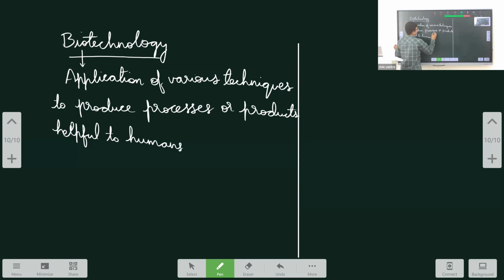And these techniques will be applied on live organisms.